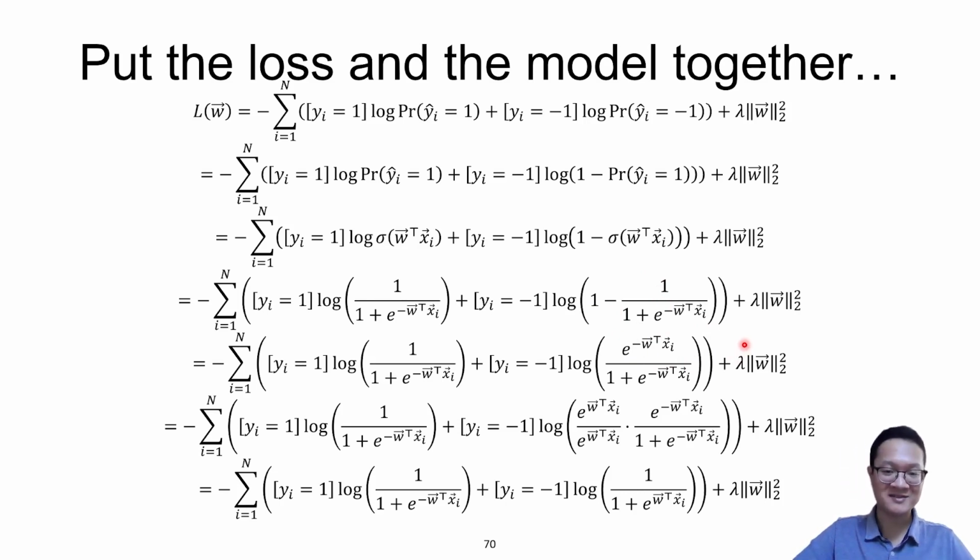To make things look a bit nicer, we multiply top and bottom by e to the power of W transpose Xi, positive exponent, and that makes the numerator 1, and the minus power in the denominator gets cancelled. That gives us the 1, and the 1 multiplied by e to the power of W transpose Xi gives us the second term in the denominator.